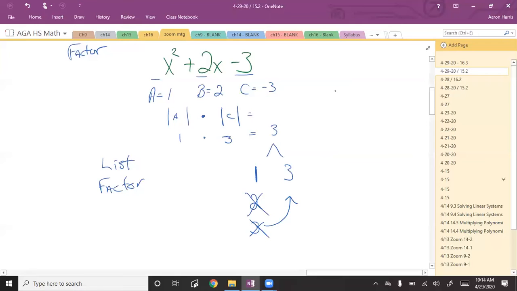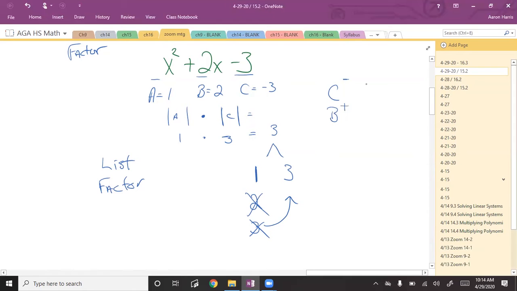Now I need to know something. C is what kind of number? Positive or negative? Positive. Look again. Oh, you mean it's -3. Good. So it's a negative number, right? Mm-hmm. B is what kind of number? Positive or negative? Positive.